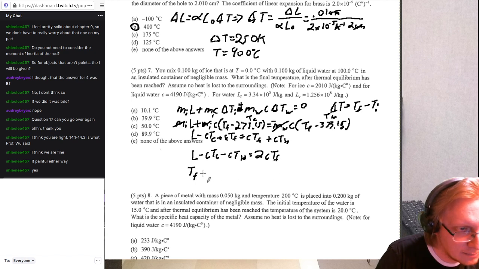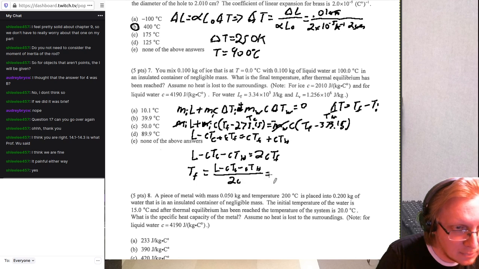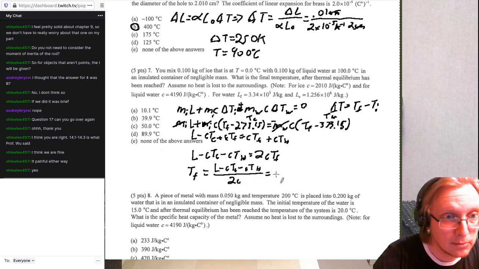Therefore, T final is equal to L minus C T cold minus C T hot, divided by 2C. Now I can write numbers in here.